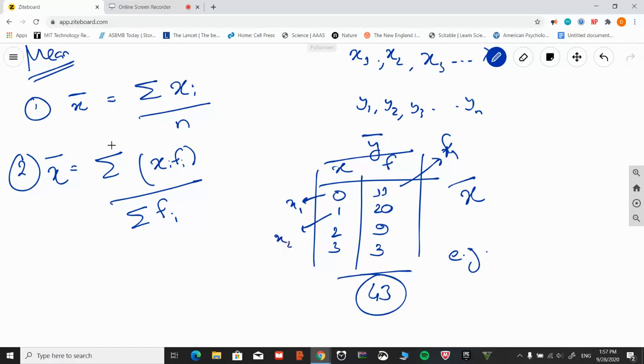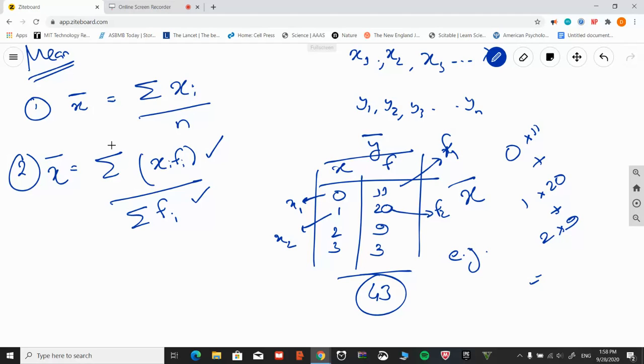If this is x2, this one's going to be f2, and so on. This says, take the x1, multiply it with f1, plus take the x2, multiply it with f2, plus take the x3, multiply it with f3, and add them up and get this value divided by the total frequency. So the total frequency, in this case, is 43. All right. So this gives you the mean value when you're using a table.